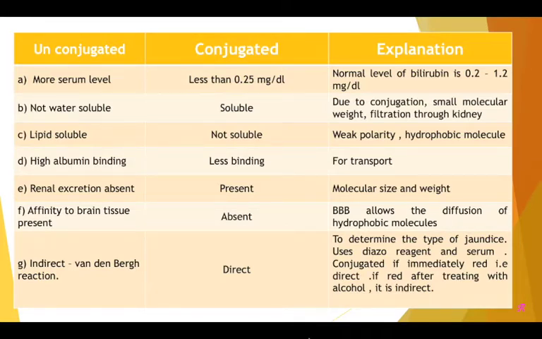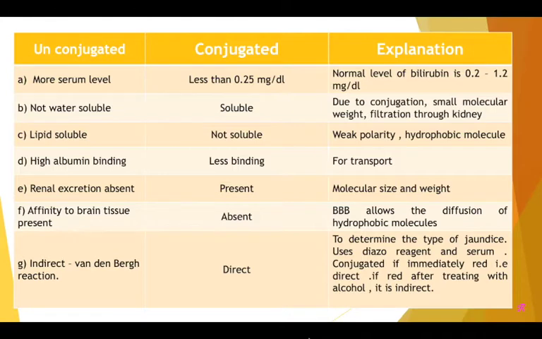So if we take a blood sample, it will be unconjugated bilirubin that is more. Only when it reaches the liver does it get converted into conjugated.